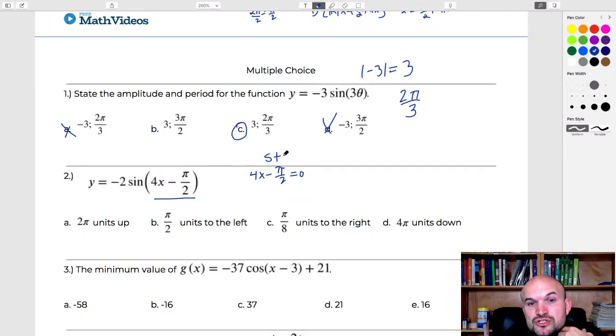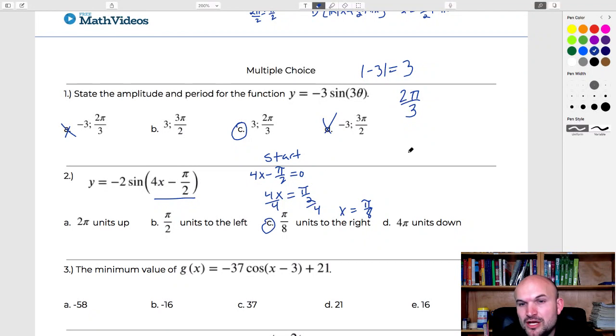That is my new start. The original initial period starts at 0. The new start is going to be whatever x equals. So I can solve for x here, and when I divide by 4, I get x is equal to pi over 8. That's positive, so instead of starting at 0, I'm starting at pi over 8. It's pi over 8 units to the right.